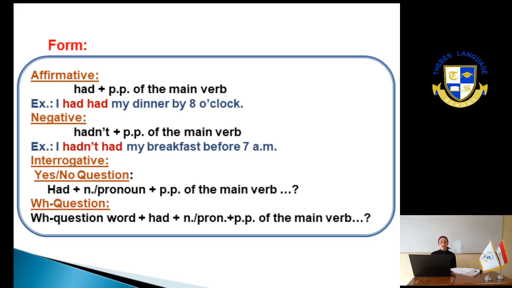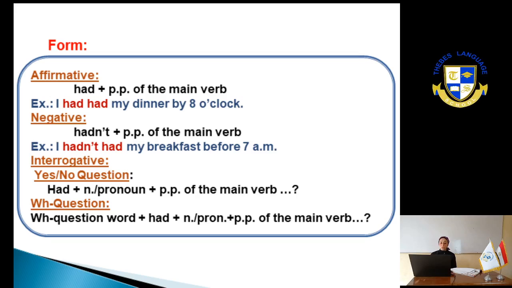For example, I had. The first had here is for the form of the past perfect, and the second had is the past participle, or the third form of the verb have. So I had my dinner by 8 o'clock.